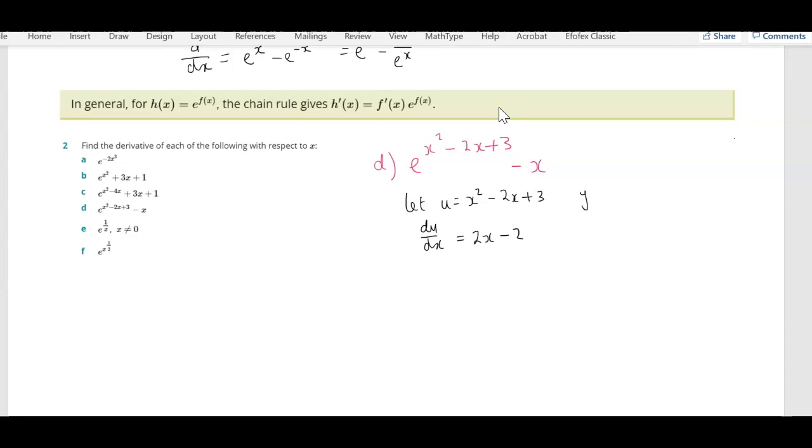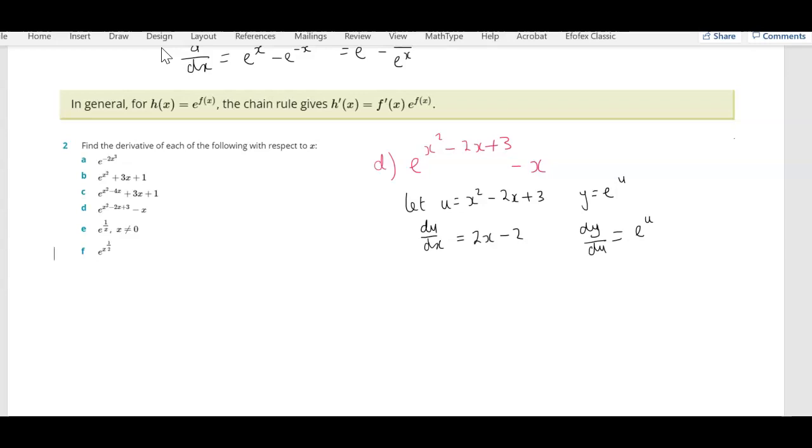And that means y is equal to e to the u minus x. Oh, actually, sorry, I might leave that x off for now. I'm just going to do the derivative of the e. I'm not functioning too well today, girls. e to the power of u just stays as e to the power of u.